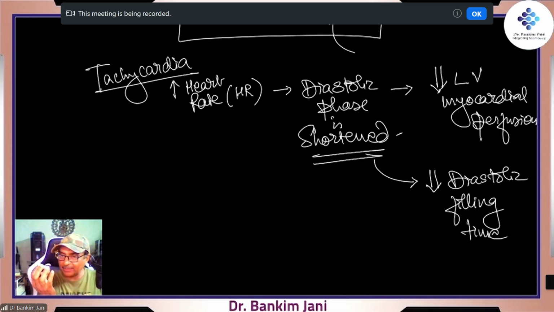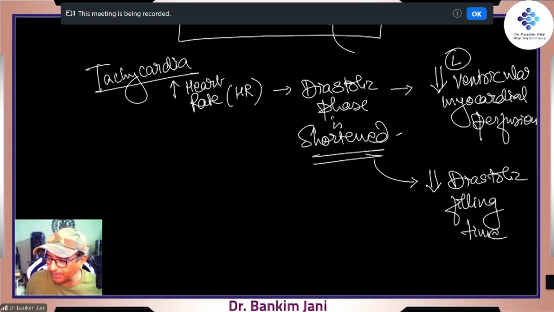Now you are giving less time to the heart to dilate so that it is filled. We are talking about our ventricle. Previously the ventricle was dilating, getting the full blood and then pumping. But now you're giving less time. What does this decrease? LV is left ventricle, no problem. And this is left ventricular myocardial perfusion.